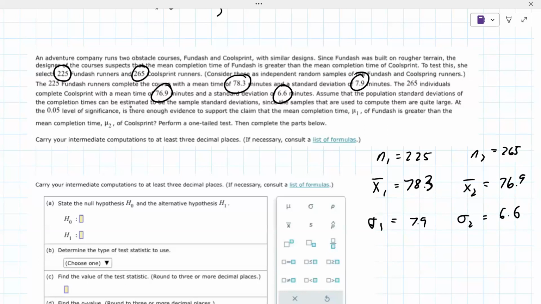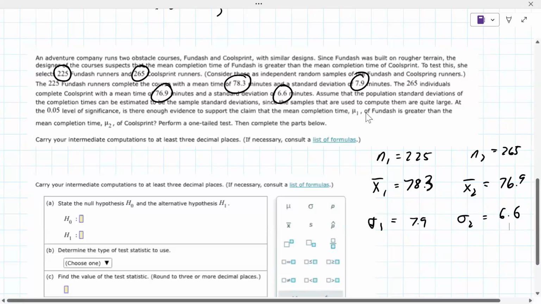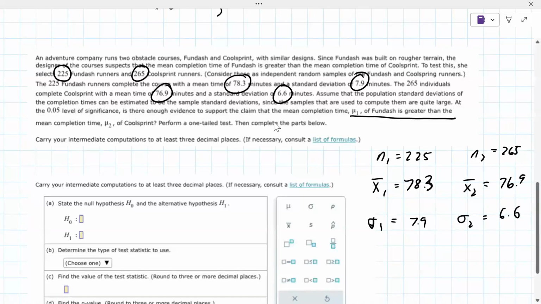Now we want to know that the completion time mu1 is greater than that of the mean of mu2. So that's H1, which is mu1 greater than mu2. That's the claim.